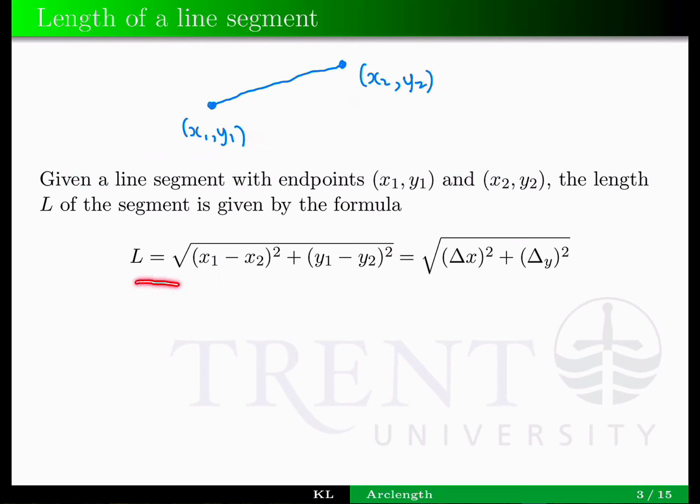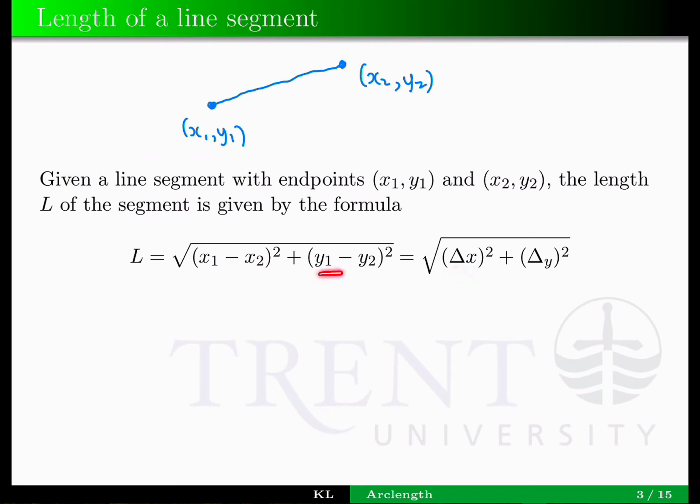And if we recall, the distance is the square root of (x1 minus x2) squared plus (y1 minus y2) squared. If you think of x1 minus x2 as the change in x coordinates, then we just put it as delta x.